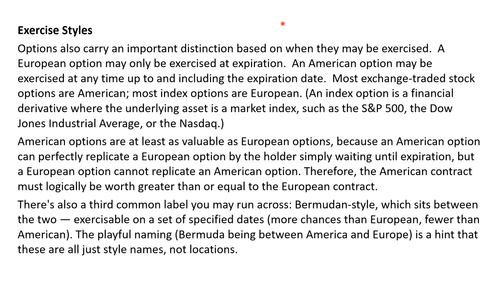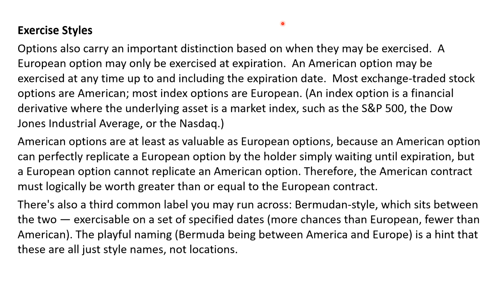The European option may be exercised only at expiration time, so that's kind of restrictive. An American option, maybe I should say an American style option, may be exercised at any time up to and including the expiration date. So that's much more flexible.